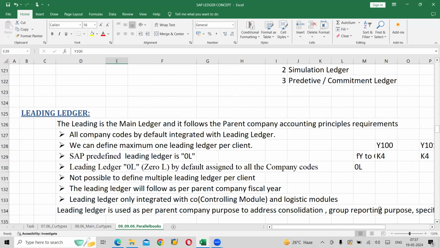Yes, sir. So here, leading ledger. We already discussed what you mean by leading ledger, but in depth, here I have explained it with the notes. The leading is the main ledger and follows the parent company accounting principle.